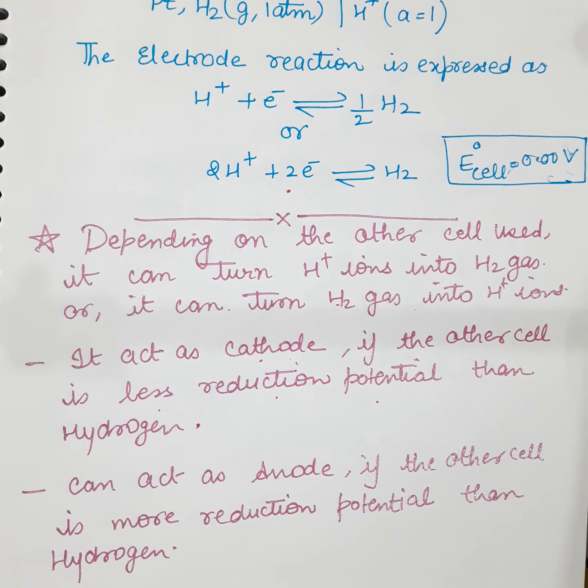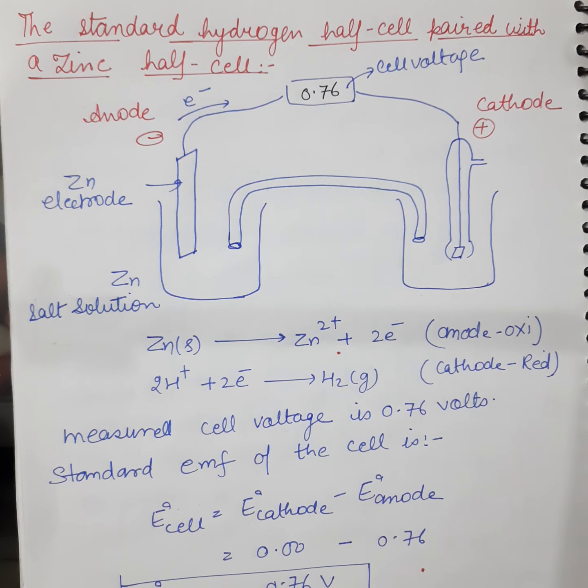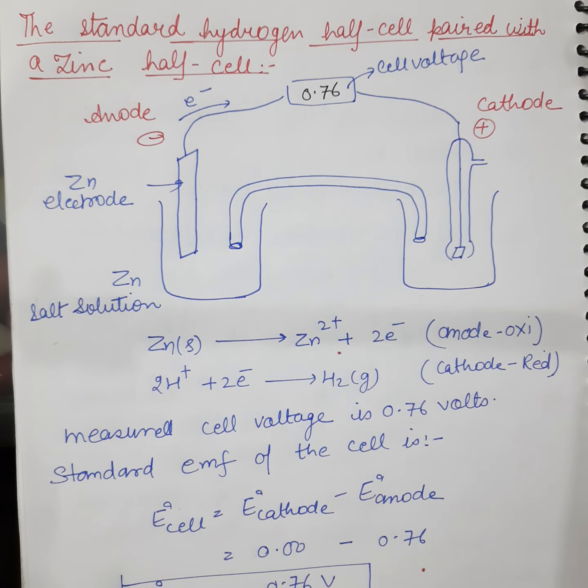I am going to discuss here the example of zinc and copper. Students, as I said, we can use this system to measure the potentials of other electrodes in a half cell. Now I am going to take an example: the standard hydrogen half cell paired with a zinc half cell.